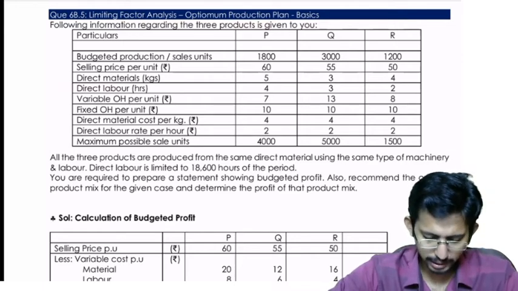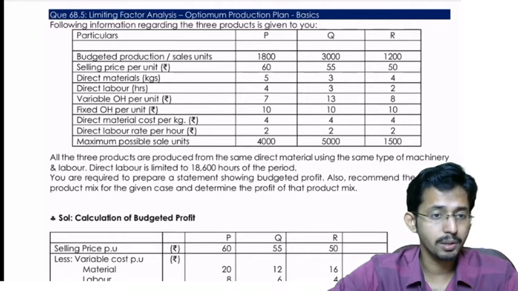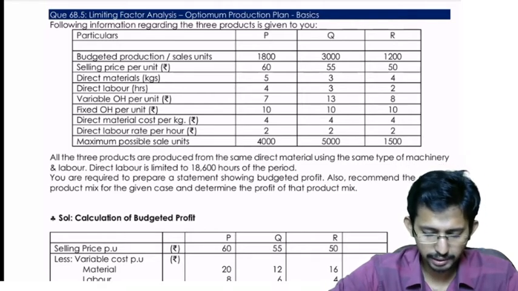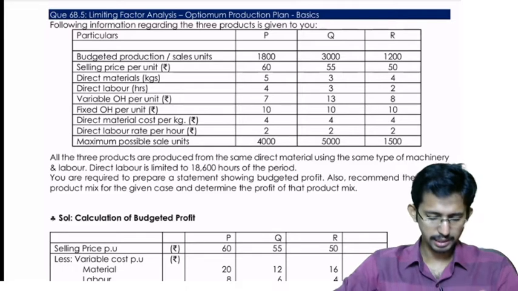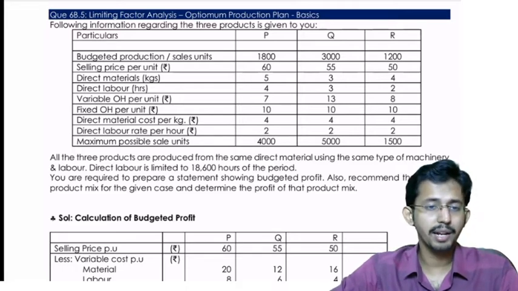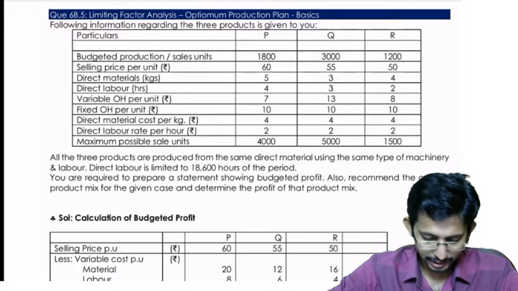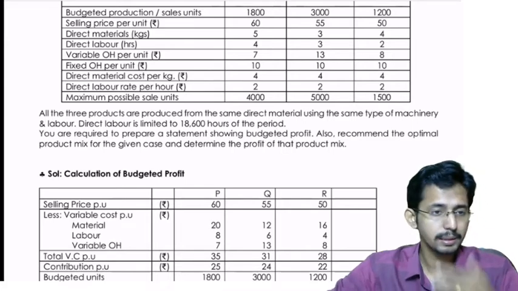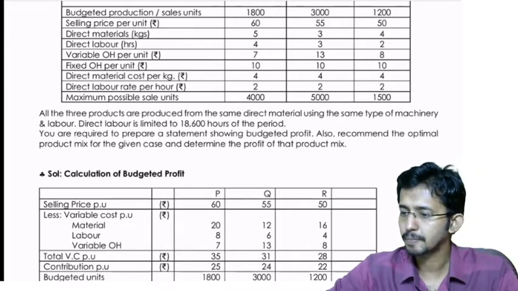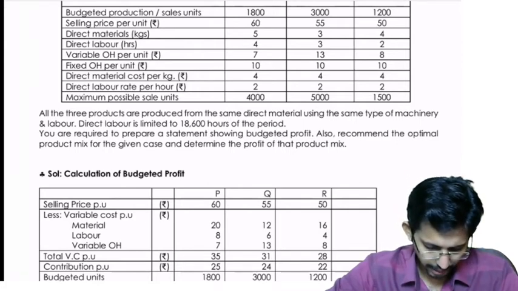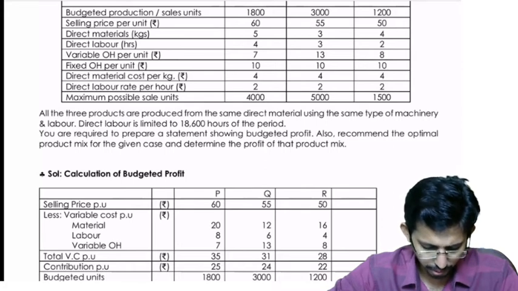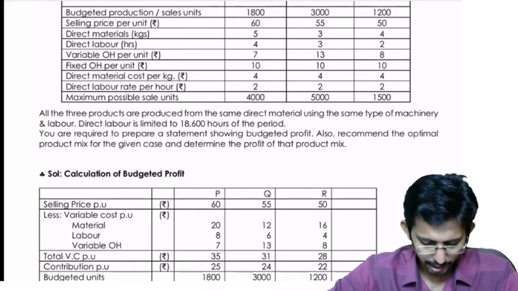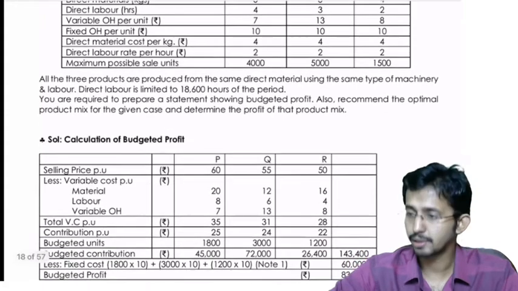Particulars P, Q, R. Budgeted production and sales units are 1800, 3000, and 1200. Selling price per unit is 60, 55 and 50. Then direct materials in kilos, direct labor hours, variable overhead per unit, fixed overhead per unit, the material cost per kg, direct labor rate per hour, and maximum possible sale units are given.